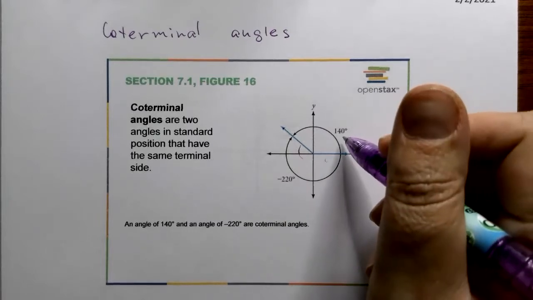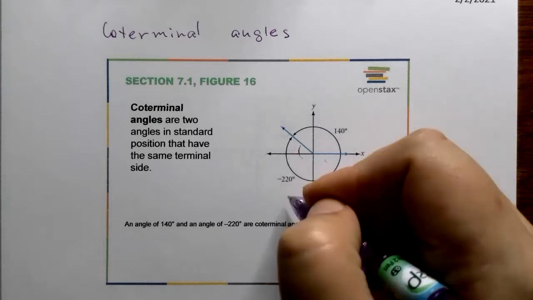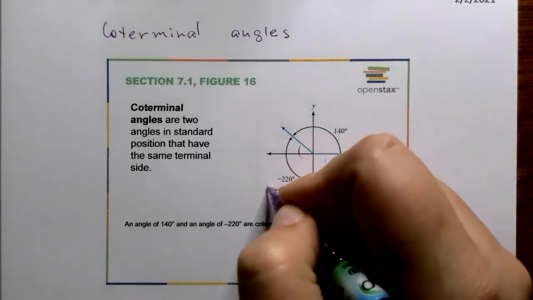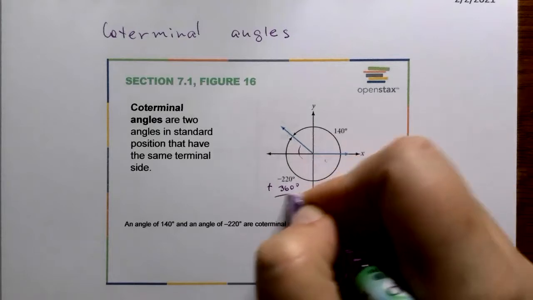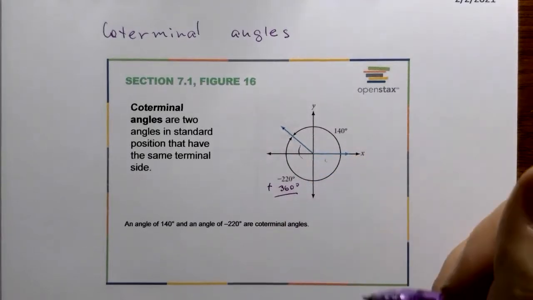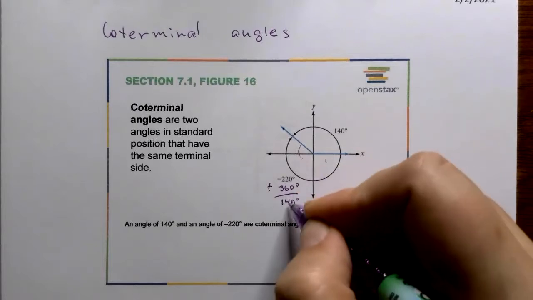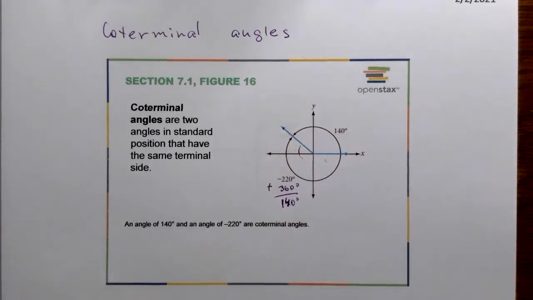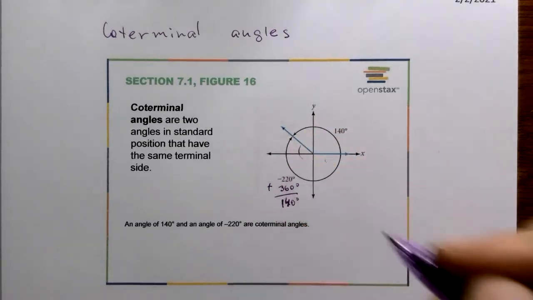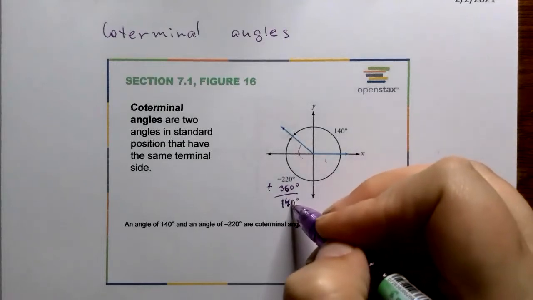You could get this angle, 140, if you add 360 degrees to negative 220. That will give you 140. That's not how you add a positive and a negative number, but you actually subtract 220 from 360, and you're going to get this value.